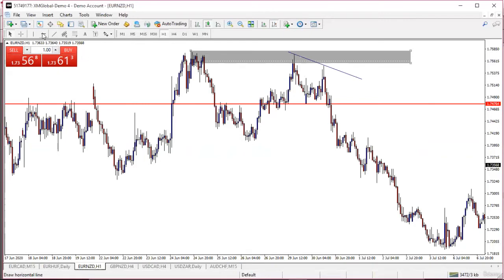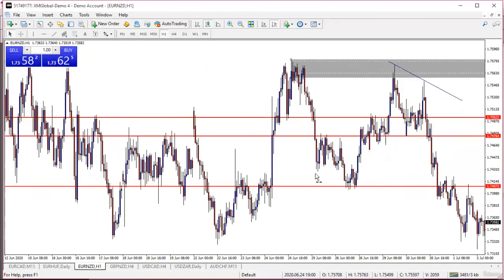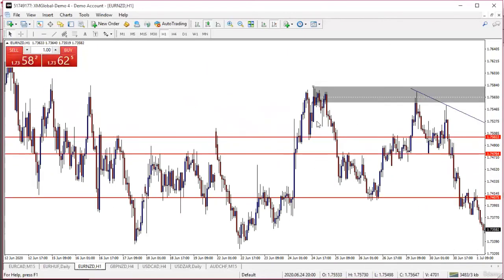This you could have closed, maybe looked for targets around there. Maybe I'll stop just above. Let me try and look for resistance there. Maybe this one. You see it's rejected there. It's also rejected on the same resistance that side.